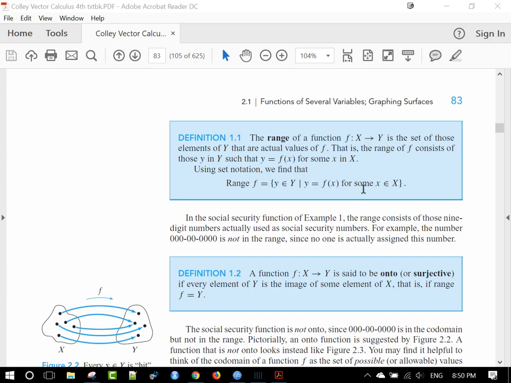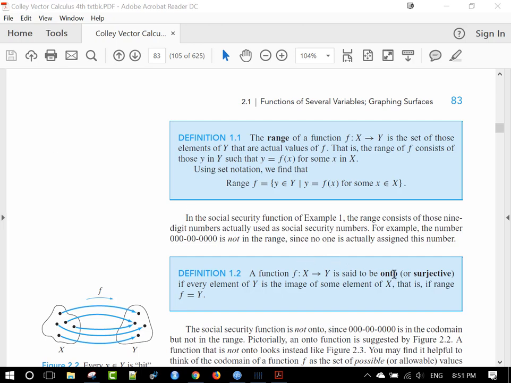So you might have a whole lot of y's here, but only some of them actually get hit by values from the domain. So the ones that actually get hit are called the range. And that's what this definition says.